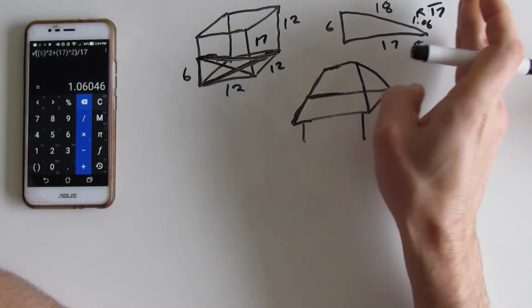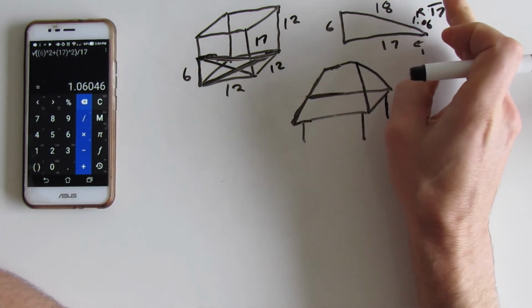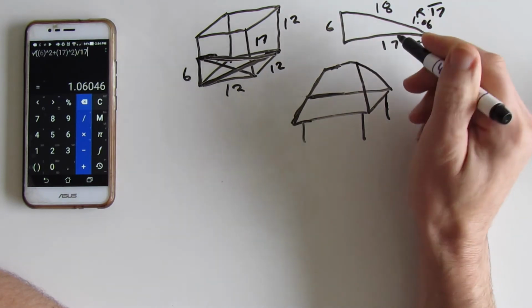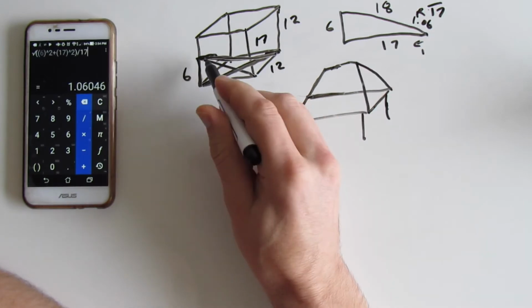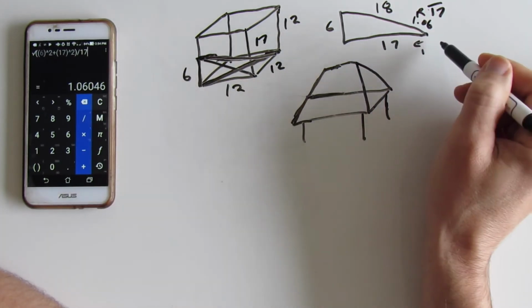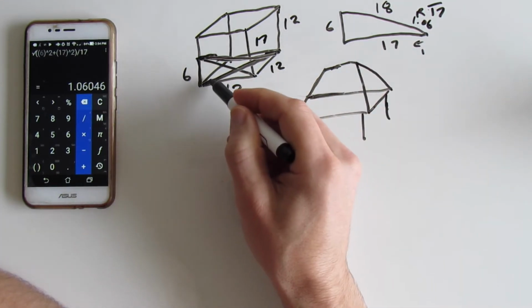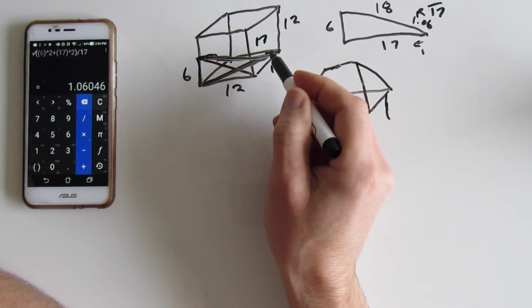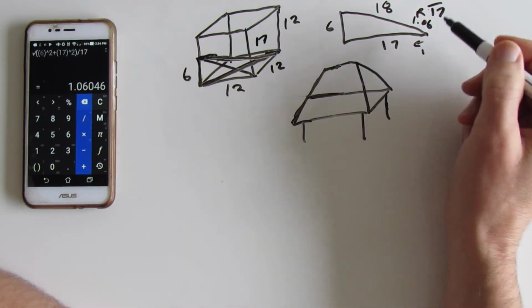So that's probably the most succinct way to understand your hip: you're taking the previous value, 12, and you're stretching it out along the 45-degree angle that is splitting the 90-degree angle in half.